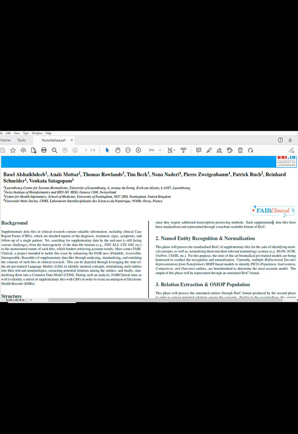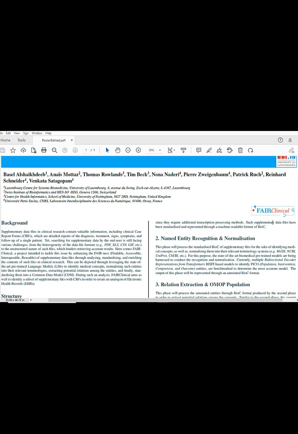To do so, FAIR Clinical is going to leverage state-of-the-art pre-trained language models in order to perform, firstly, biomedical named entity recognition and normalization, and then identify potential relations among the entities.